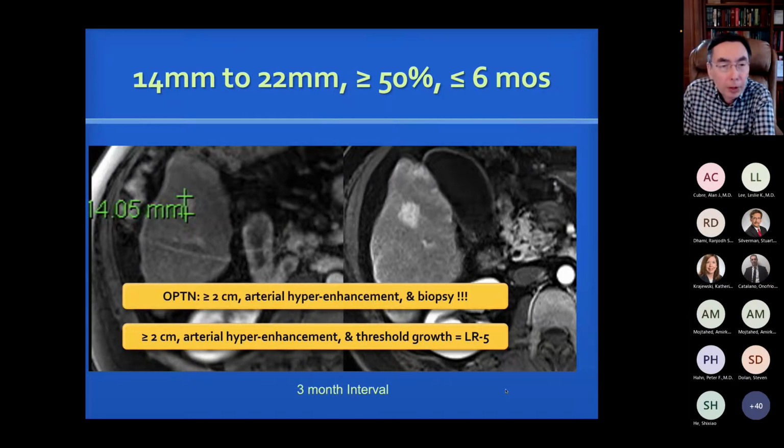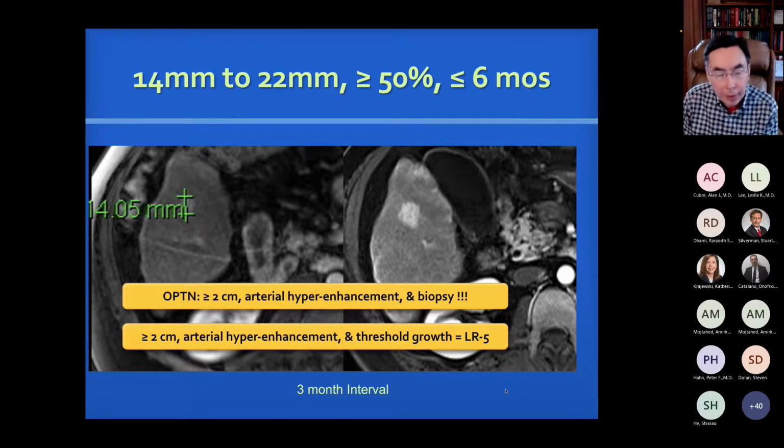Now, one thing to know about OPTN is that, let's say we did not have threshold growth. So if we only had arterial phase hyperenhancement in a mass that's at least 2 centimeters in diameter, we could actually biopsy this mass to establish the diagnosis of HCC and generate MELD exception points.